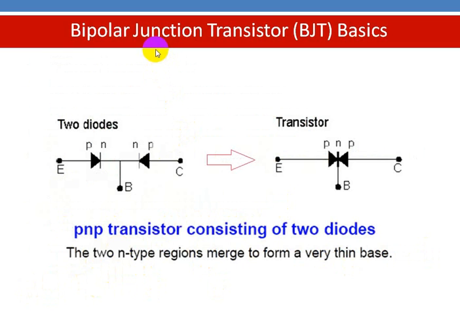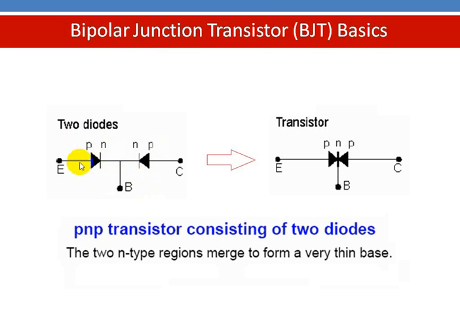A bipolar junction transistor can be considered as two diodes connected back to back in series. For example, a PNP transistor is equivalent to this circuit. You can see the two diodes in opposite directions, connected in series.